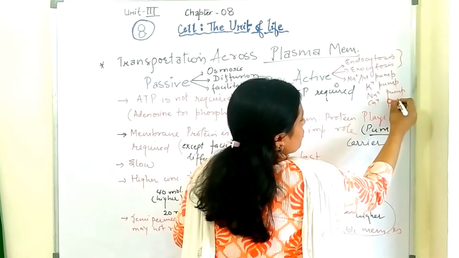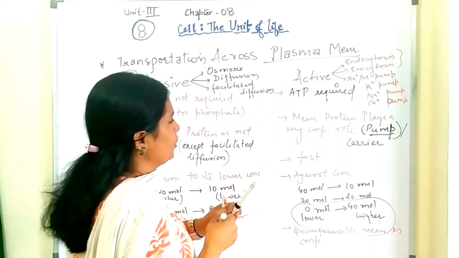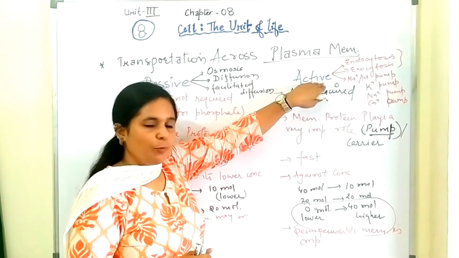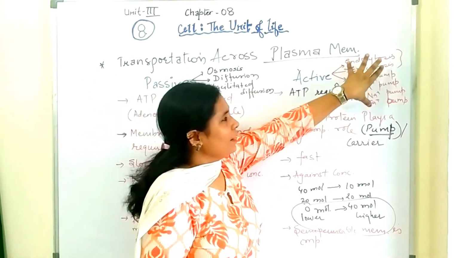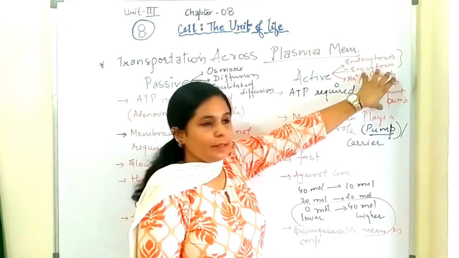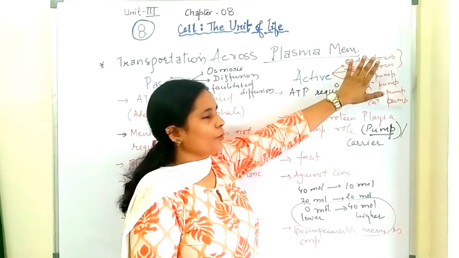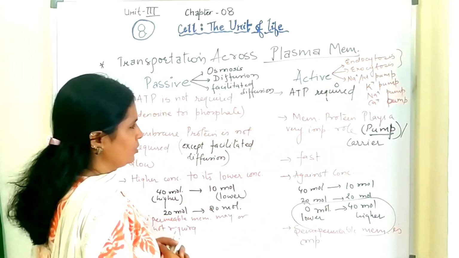You are going to study all these types of active transportation, how they are helpful for the cell, what they are doing, where they are acting, and their applications, which I am going to teach in the next few lectures.